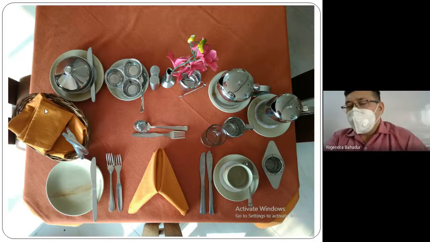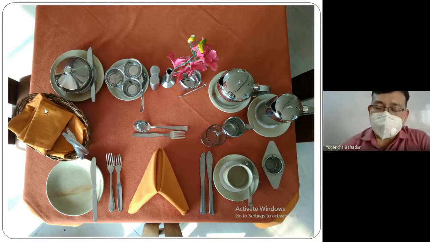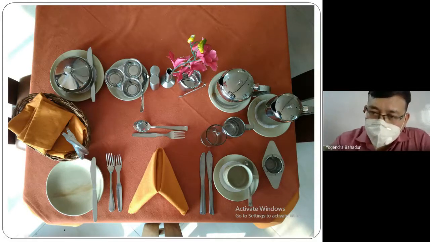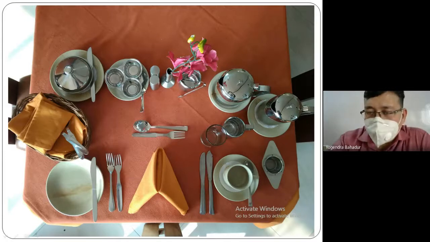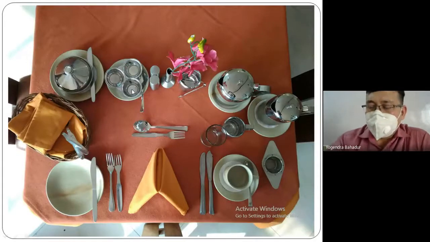Maybe there will be some guests who are not comfortable having butter along with the toast. For them, just on the left hand side of the cruet set, you find three monkey dishes along with a teaspoon. What is the purpose of these three monkey dishes? They are to be given to the guest, and in them we generally give preserves.